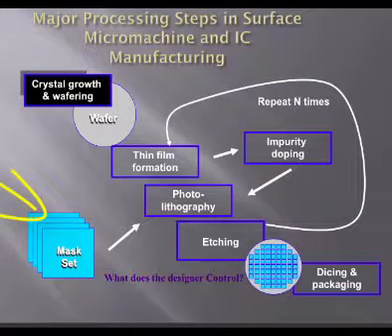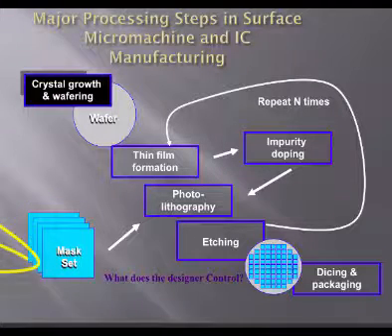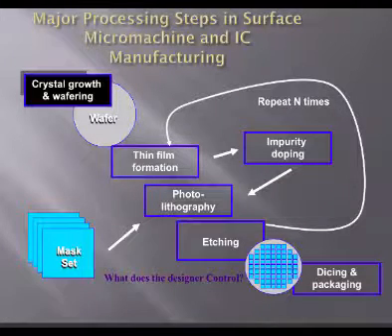So as a designer, you're gonna draw things in different layers, and then the layers are going to combine and make a product. So he controls the mask set, he or she. And so it's important that you understand how the masks interact with the process, right?